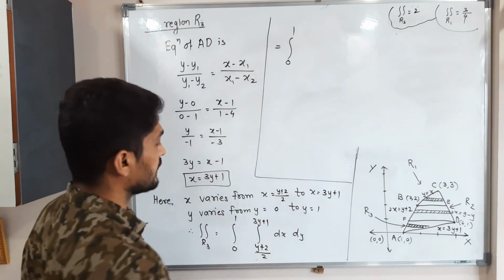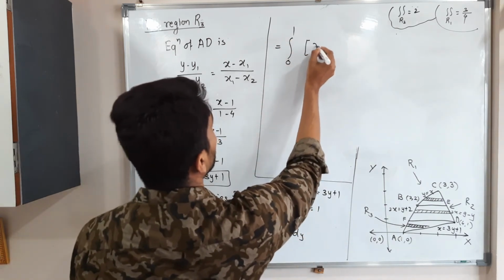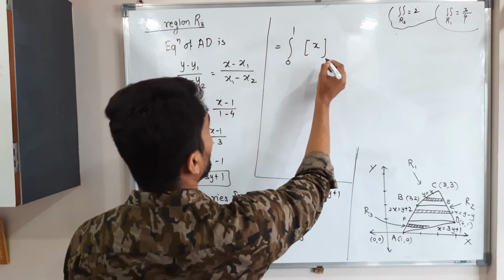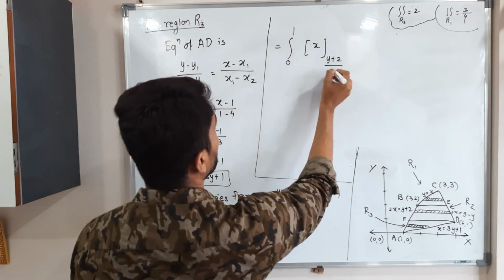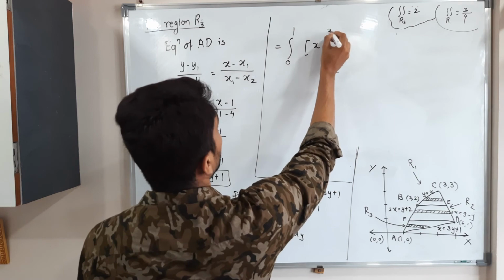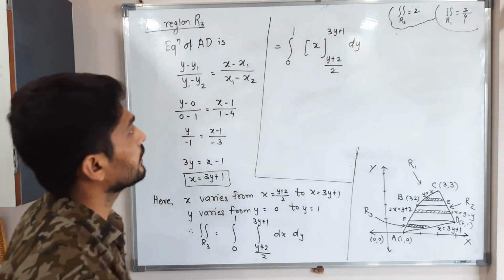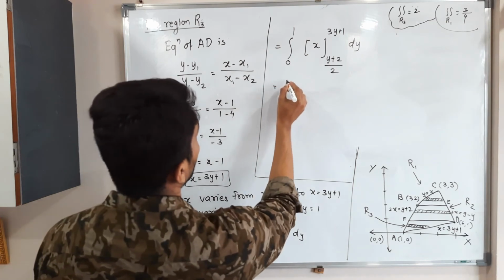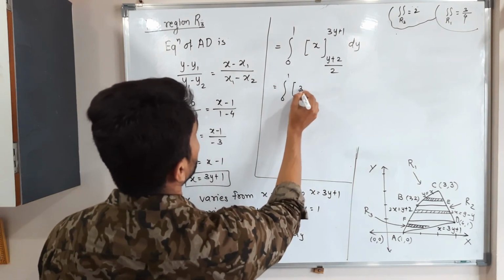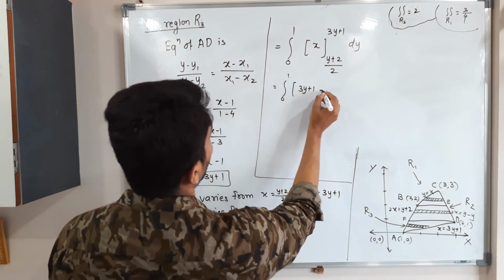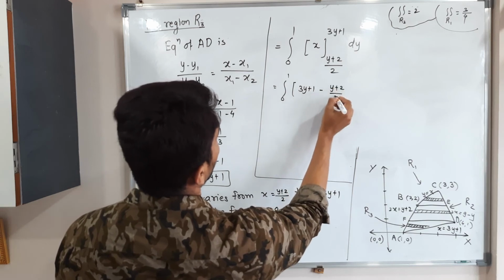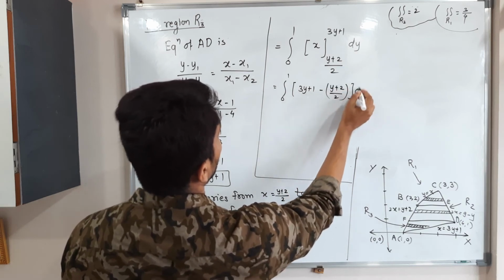The integration of dx is x, between (y plus 2) by 2 and 3y plus 1, dy. Putting the upper limit and lower limit, we get 3y plus 1 minus (y plus 2) by 2 dy.